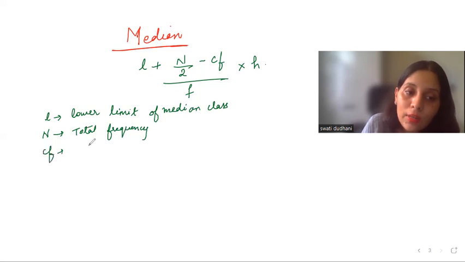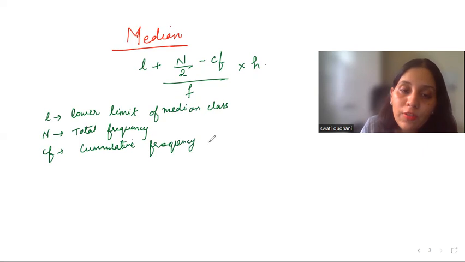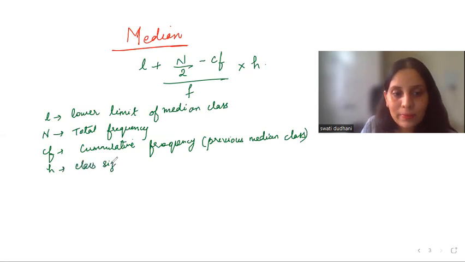CF is the cumulative frequency. Cumulative frequency of what? Cumulative frequency of the previous median class. I will take an example and explain. And h, as we know, is the class size.